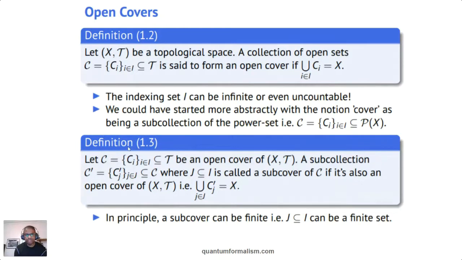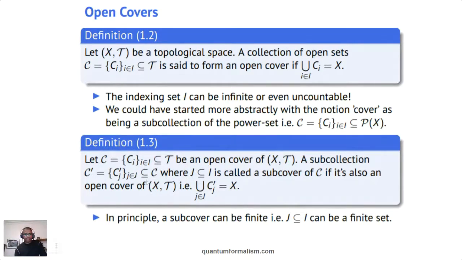And then you have the notion of a subcover, and this is also, for you guys, very obvious. So given a cover, a subcollection of that cover that we call C tilde, indexed by a set J, which is a subset of the index I, is a subcover if it's also a cover, okay?